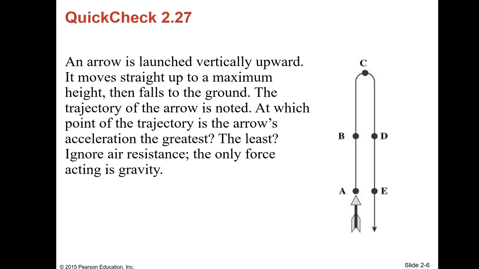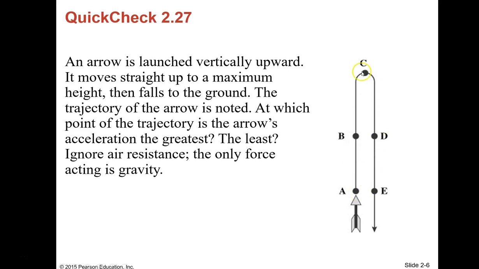So if we look at this, you launch a rocket straight up, you throw a ball straight up in the air. It goes up, stops here, turns around, and comes back down. It asks, at which point in the trajectory is the arrow's acceleration the greatest? So here's the thing: the acceleration is consistent all the way up.